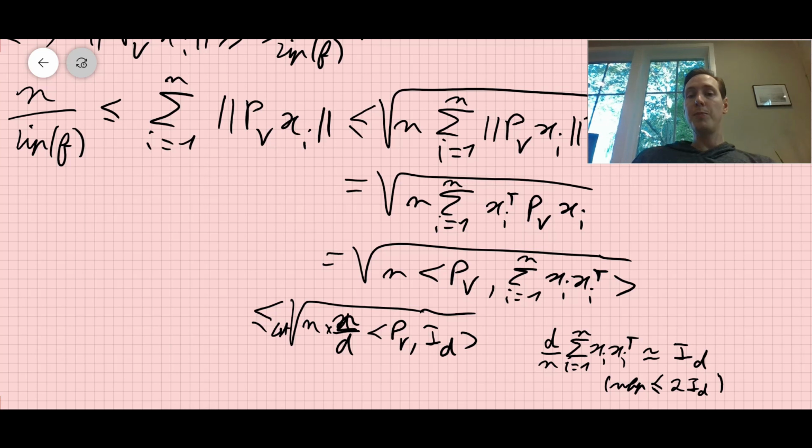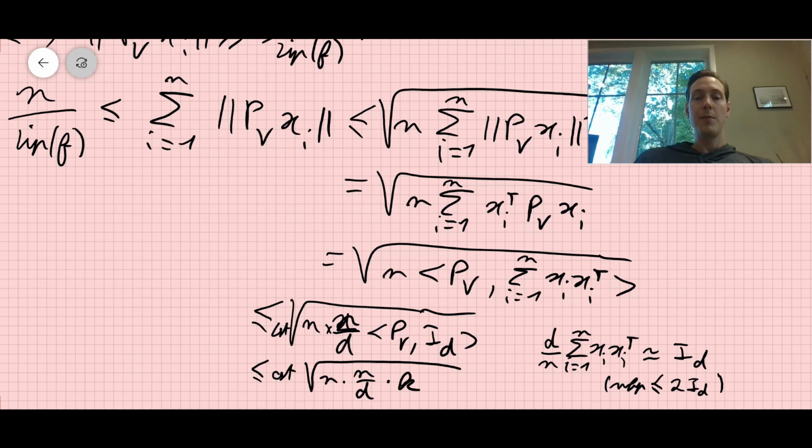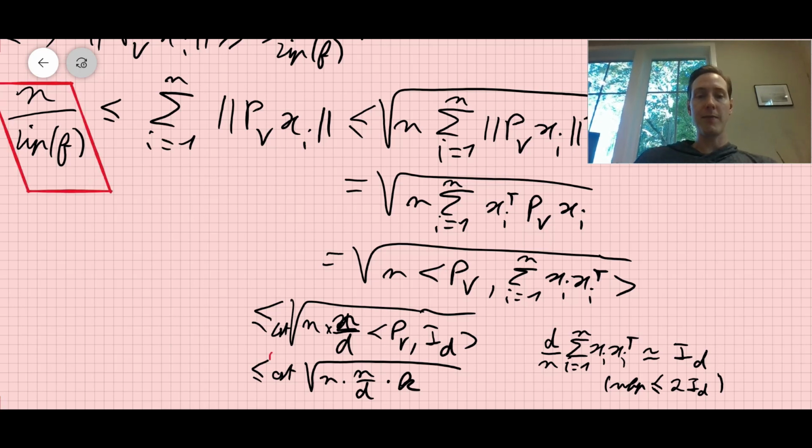But now P_V is a projection on a k-dimensional subspace. So you exactly know that the trace of P_V is k. So this is smaller than a constant times square root n times n over d times k. But this concludes the proof because here we had n over the Lipschitz constant of f, and here we have n times n times square root k over d.